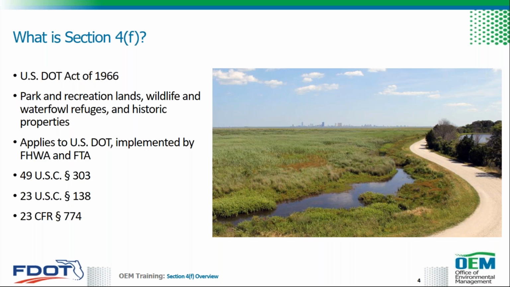The law is codified now in 49 USC section 303 and 23 USC section 138, and it applies only to USDOT projects, and it's implemented by FHWA and FTA through 23 CFR 774. So Section 4F applies to projects that receive funding from or require an approval by an agency of the USDOT. So for us, that would be FHWA or sometimes FTA.